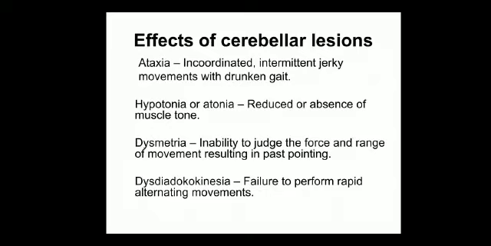Then hypotonia, that is decreased muscle tone. The muscle tone is either completely lost or markedly decreased on the affected side due to the loss of the facilitatory effect of the neocerebellum. The neocerebellum has a facilitatory effect, so that will be lost, and muscle tone will be decreased.